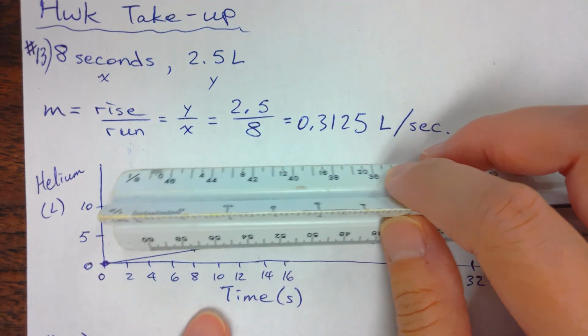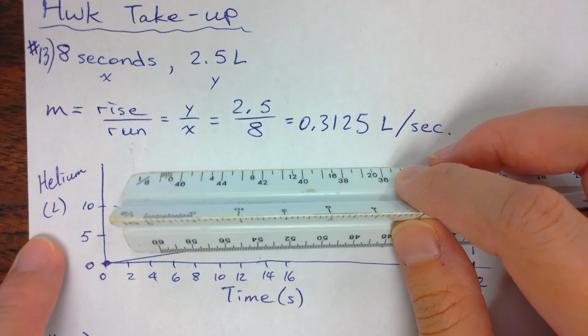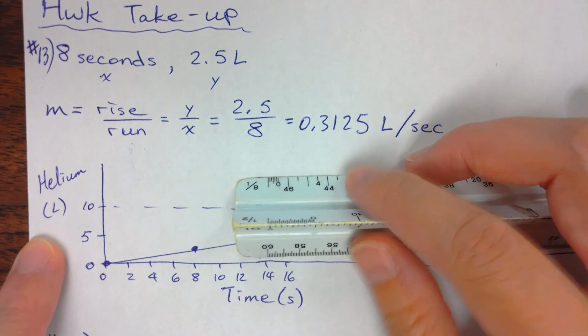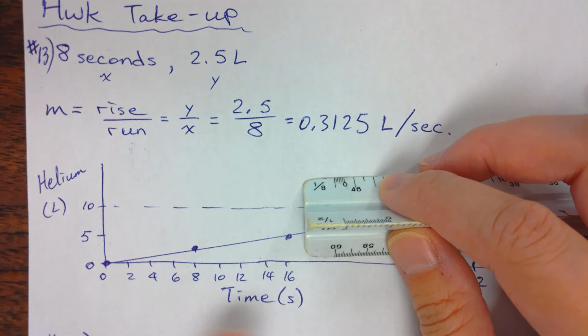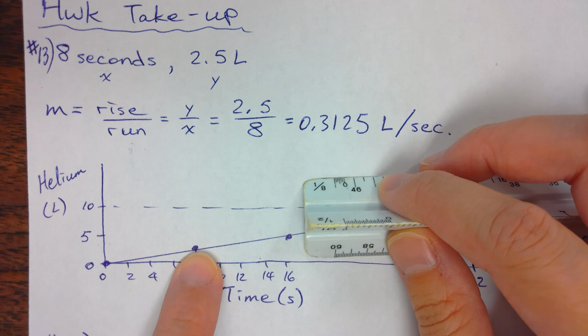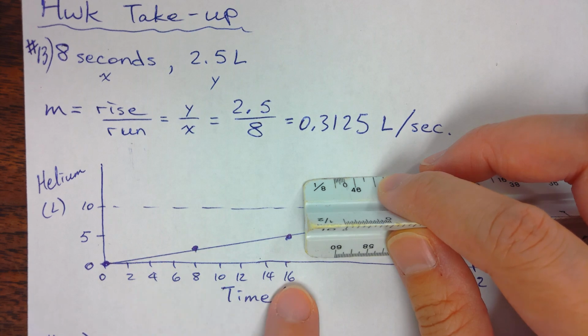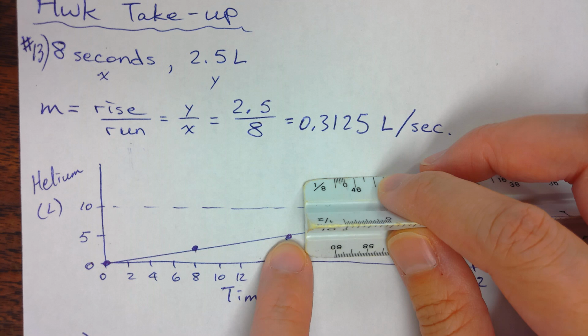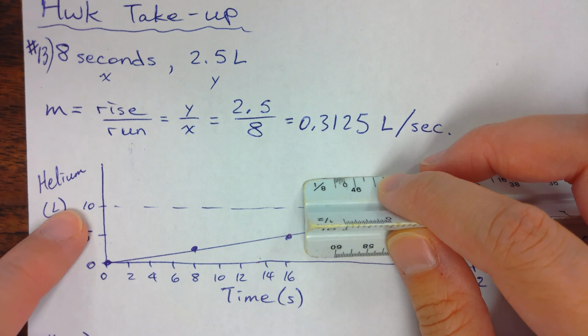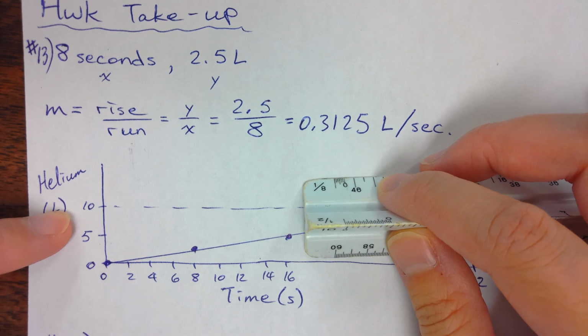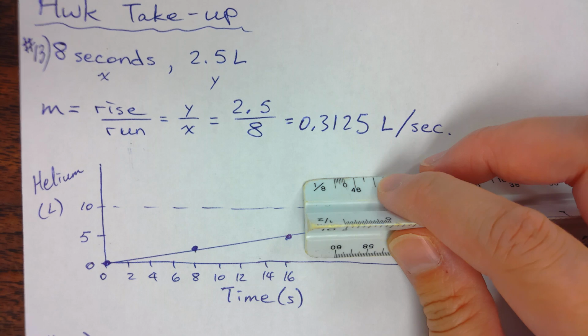As we said, we know that time is on the bottom, helium is on the side for my y. So after 8 seconds, it's at 2.5 liters. After 16 seconds, it's at 5 liters. So how long will it take for 10? If it's 16 seconds for 5 liters, how long is it for 10? 24.